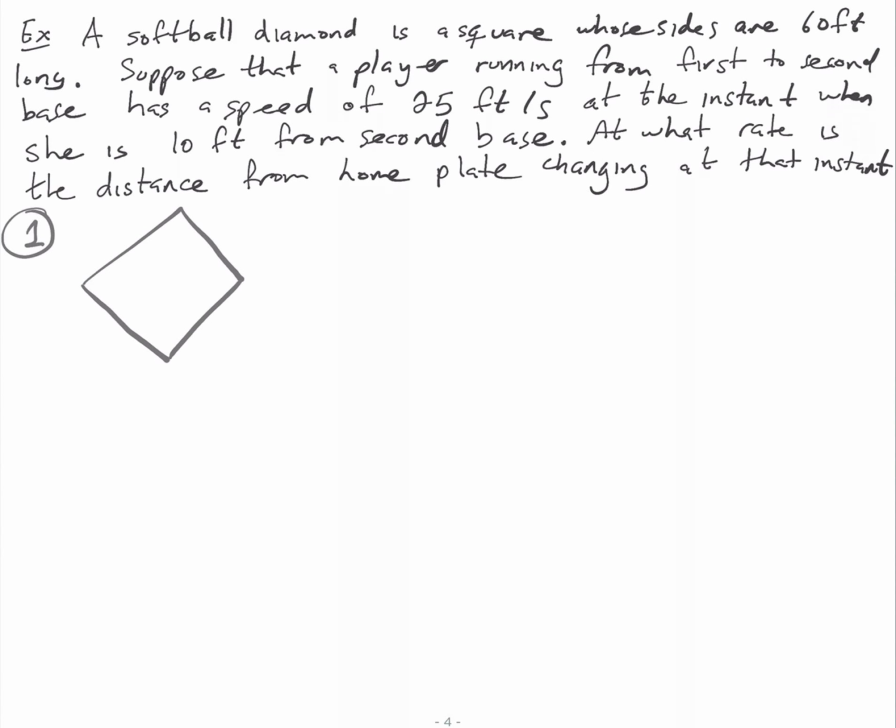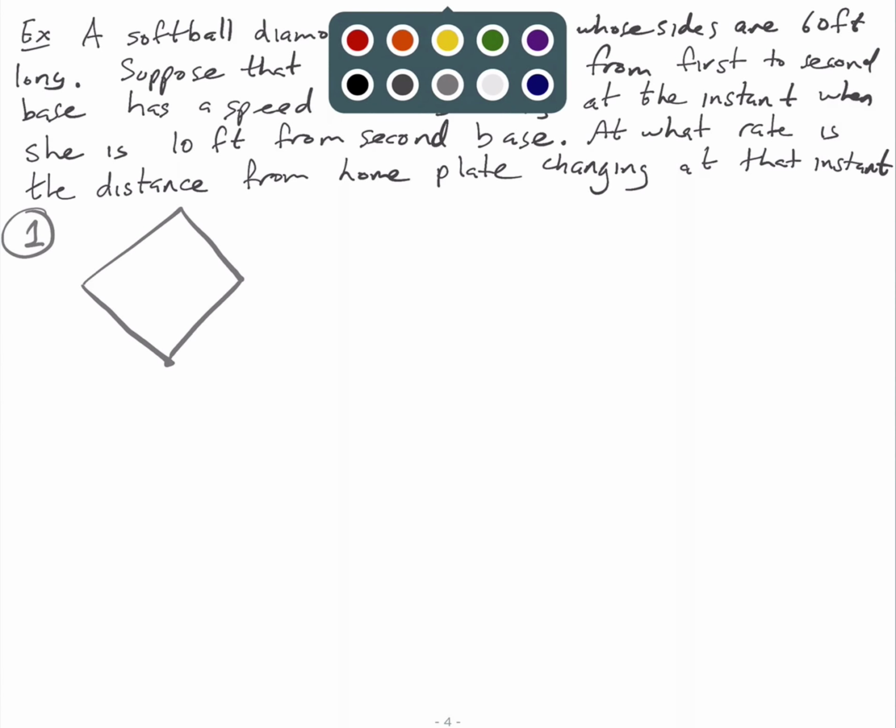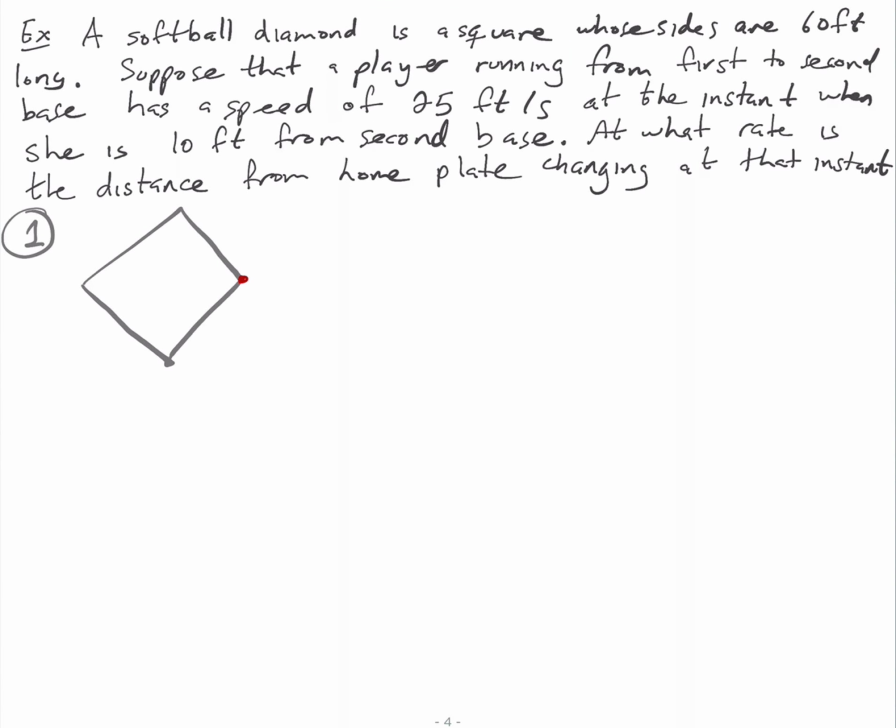Got a baseball diamond. Here's home plate, right? For those of you that have never played or seen a softball field: home, first base, second base, third base. So the player is running from first to second base.